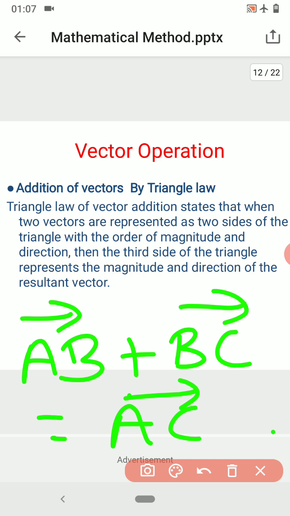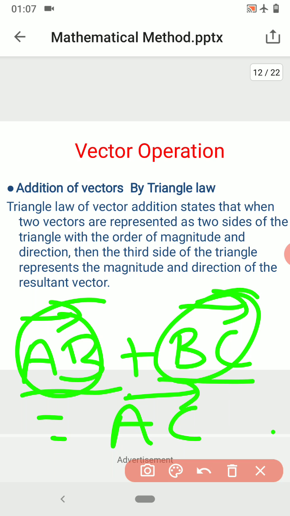Okay, but AB and BC must be of the same type. Both may have different magnitudes, but the type must be the same.